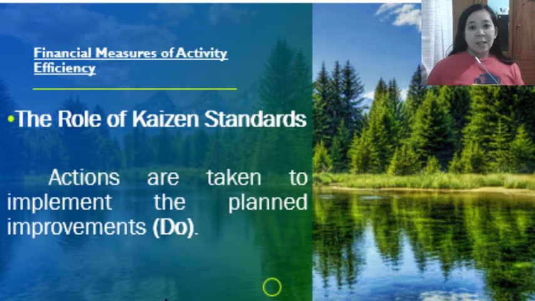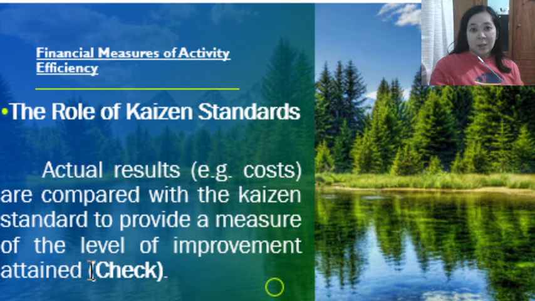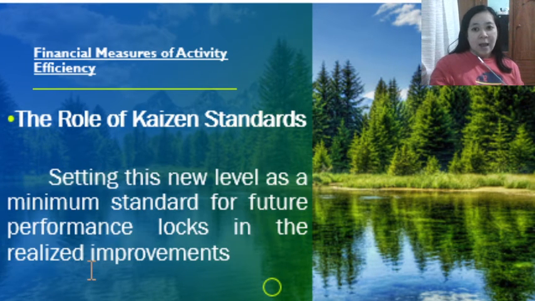The second is do, meaning action should be taken to implement those which are planned for continuous improvement. The third is to check. Here the actual results or the costs are compared with the standard to provide measurement of the level of improvement that was already attained, and setting this new level as a minimum standard for the future performance.